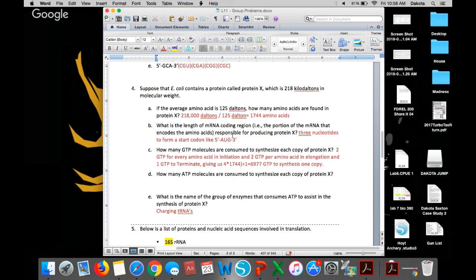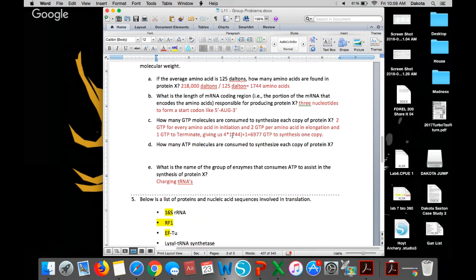So then we go 4 times 1,744 plus that 1 equals 6,977 GTP to synthesize one copy. And then D, we weren't really sure on this one, and so we left it blank. We just didn't know in the notes and PowerPoint where to find it or for sure what the answer was. But for E, we found out that it was charging tRNAs.